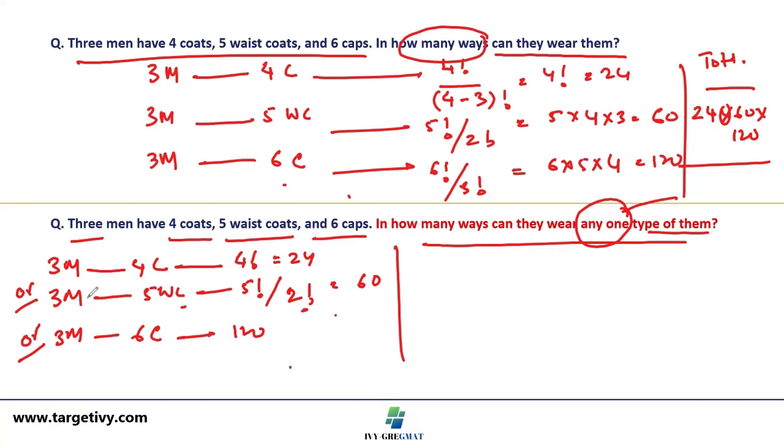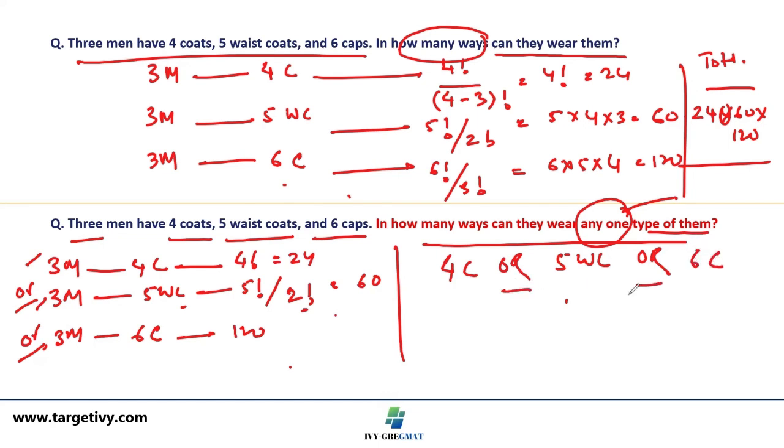But here any one of them has to be chosen. So this one or this one or this one. So when there's an or question, then what do we do? We add. That means the arrangement of 4 coats or 5 waistcoats or 6 caps.